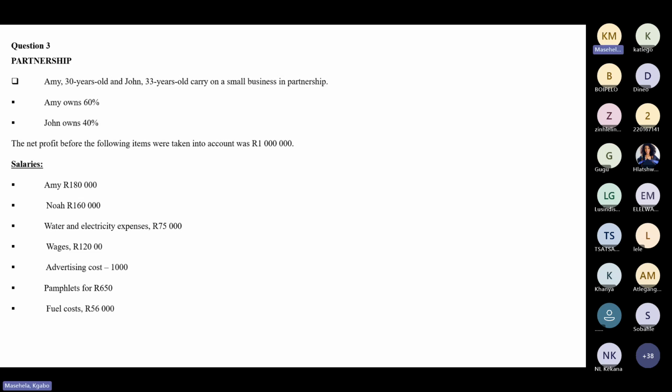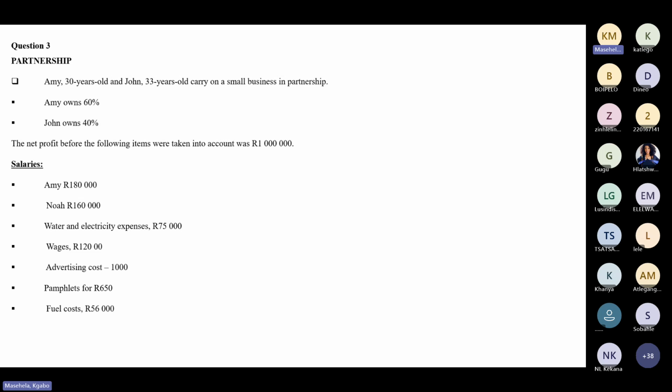Amy, 30 years old, and John, 33 years old, carry on a small business in partnership. Because when you are in a partnership, individuals are taxed separately according to their profit sharing ratio. Whatever capital you are contributing into the partnership will determine the profit sharing ratio.